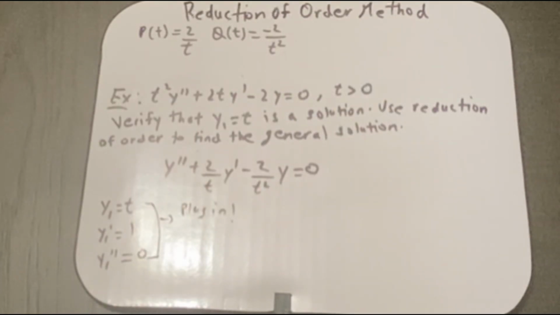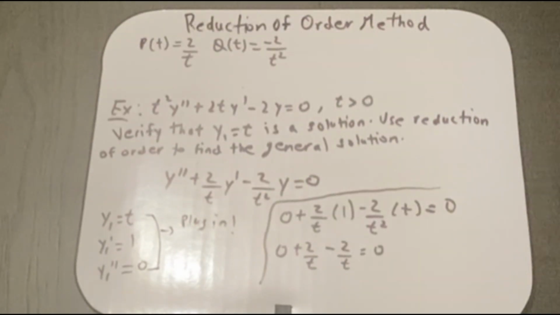If it does, then we've verified that y1 is equal to t is the solution to this equation. As you can see here, once we plugged y1 and its derivatives into the equation, we get 0, which is y double prime, plus 2 over t times 1 minus 2 over t squared times t is equal to 0. So we get 0 plus 2 over t minus 2 over t, because the t squared and t cancel out here.